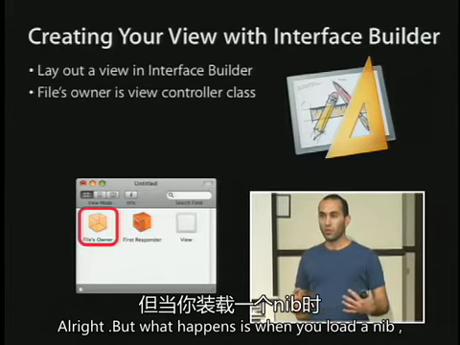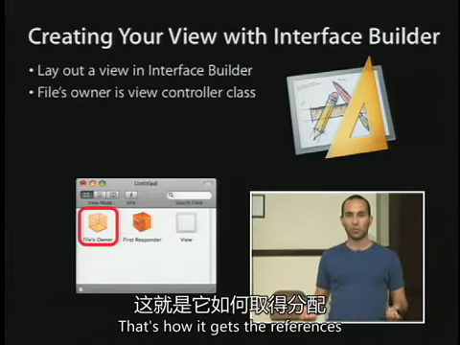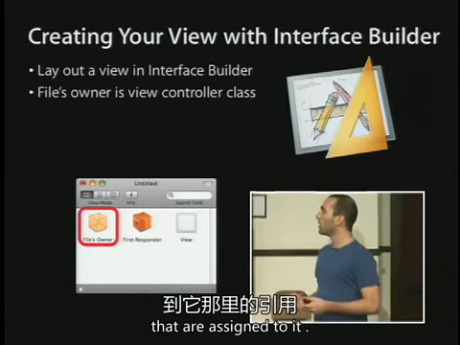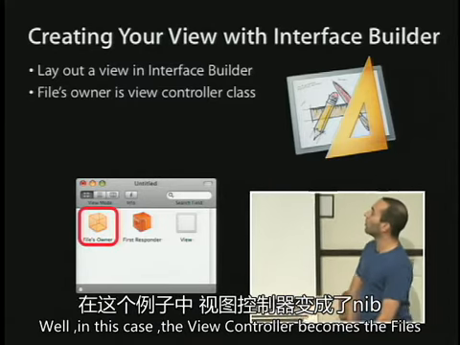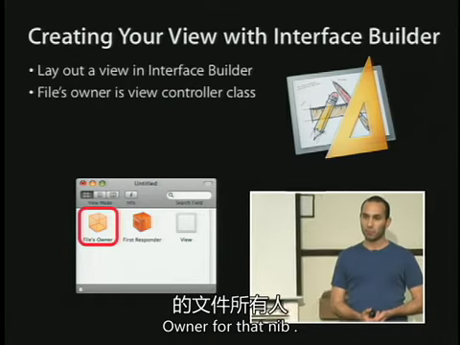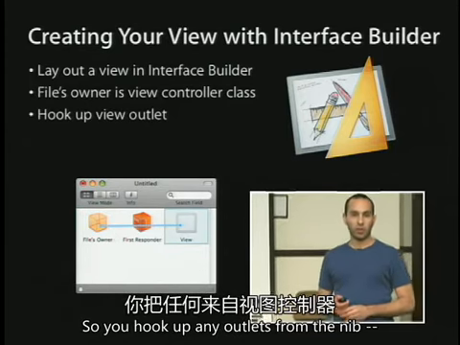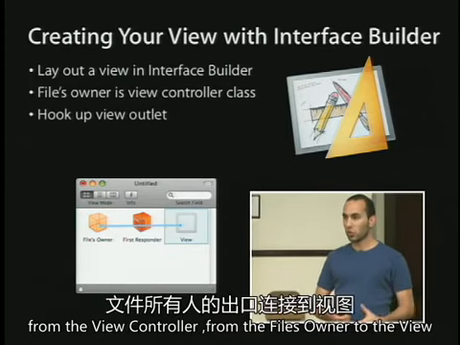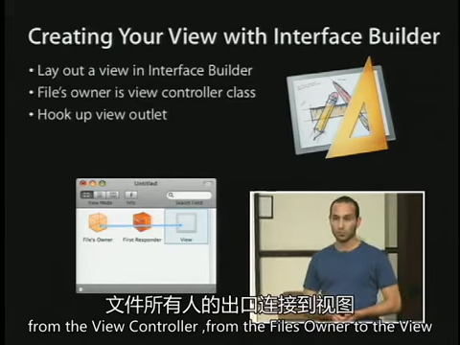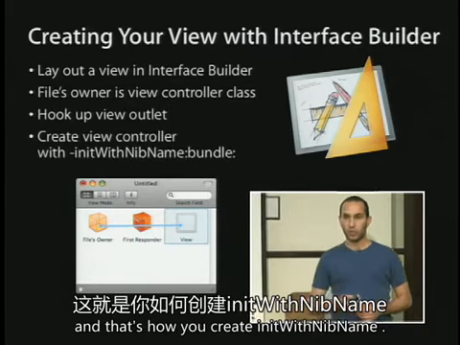But when you load a nib, an object has to be the owner for that nib. That's how it gets the references that are assigned to it. Well, in this case, the view controller becomes the File's Owner for that nib. So you hook up any outlets from the nib, from the view controller, from the File's Owner to the view, and that's how you create it, initWithNibName.